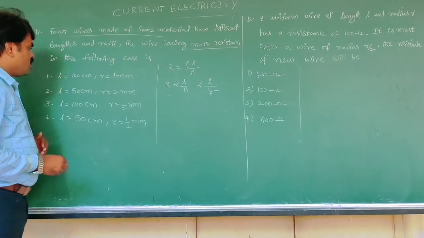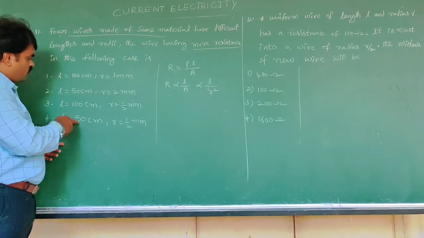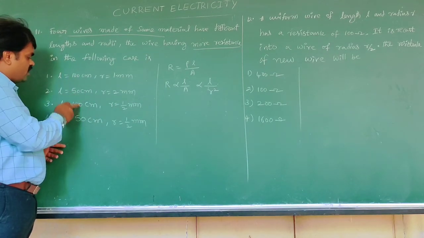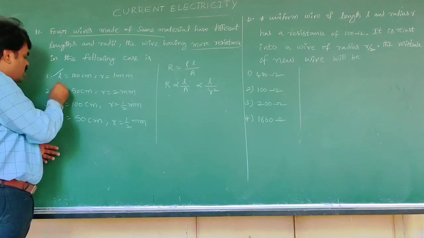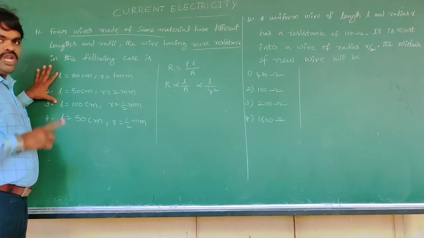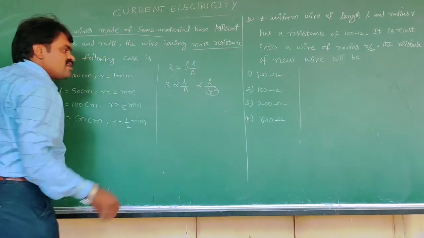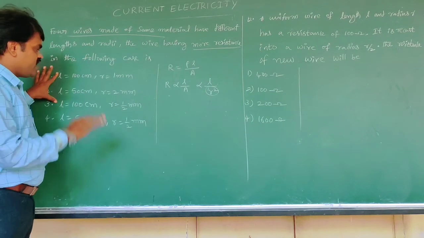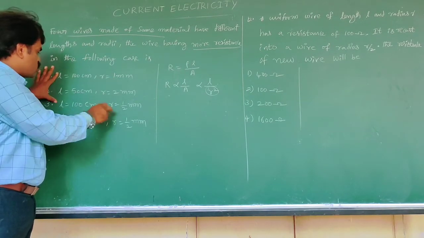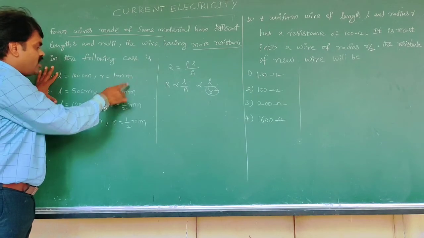In these options, which one has L large? Here L is 50 centimeter and 100 centimeter. Now 100 centimeter: these two, first option and third option, have the larger length. And again what do we compare? Radius of cross section. Which one is less? Only these two, not the others. 1 millimeter and half millimeter.